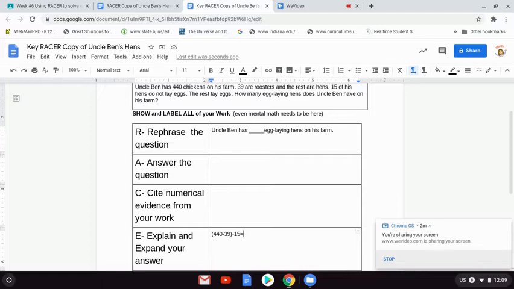All right, so we're going to first do 440 minus 39. If I wanted to say 440 minus 39 in parentheses, that would be 401. And then we're going to take that answer and subtract 15. And that's going to be 386.